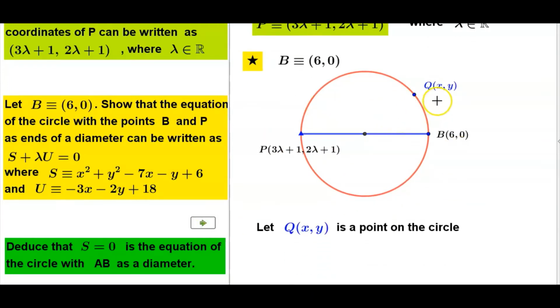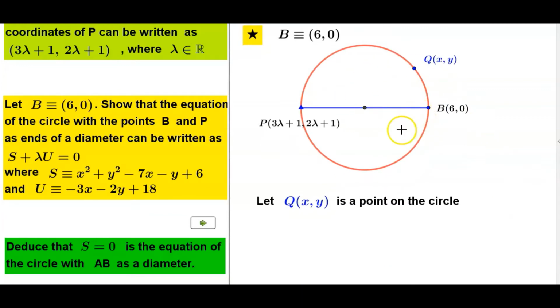In this circle, we assume a point (x, y), then get a relationship in x and y. That relationship is the equation of the circle. So how can we get it? Take the circle with two points P and B and one more point Q. Now I join these points by the segments PQ and BQ.